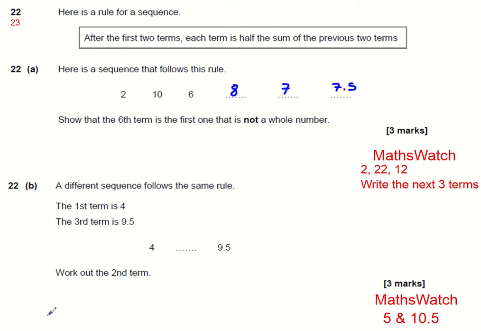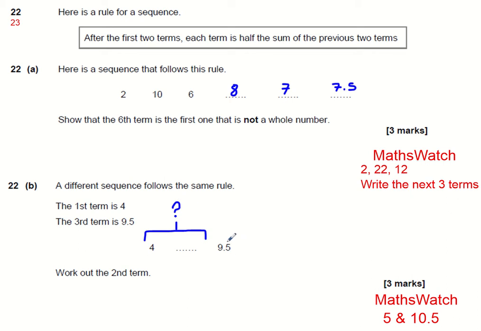Part B. A different sequence follows the same rule. The first term is 4, the third term is 9.5. Work out the second term. So that 9.5 is half the sum of the previous 2 terms. So these 2 numbers here would have to be added together to get some sort of total. And when we halve that total, we get 9.5.